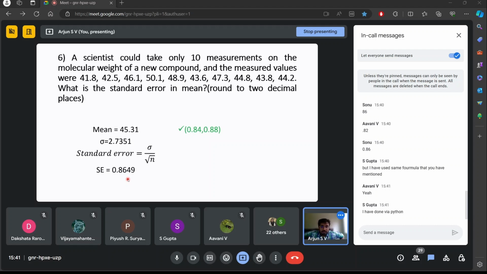Okay. Yeah, Sonu, Excel works actually. Like many problems, you can use Excel to get the standard error. You might not have a direct formula, but you will have a formula in Excel for standard deviation. If you do that and divide it by the square root of 10, you'll get the answer.